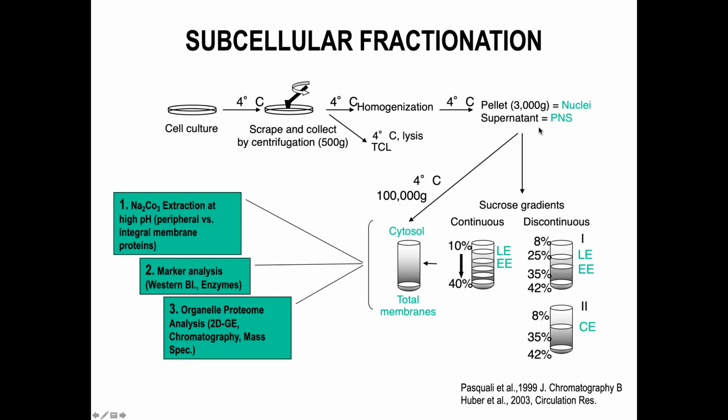And then you take this supernatant, you further fractionate it. Either what I have shown you in the video, you make 100,000 G pellet and you have the total membranes here and the cytosolic fraction, or you use continuous or discontinuous gradients to further separate late endosomes from early endosomes, or you purify common endosomes, the total endosomal fractions.